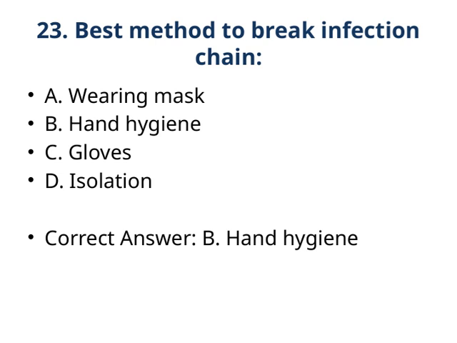While wearing masks, gloves, and isolating infected individuals are also crucial, they are often supplementary to the core practice of hand hygiene. Maintaining good hand hygiene consistently, really, is the cornerstone of preventing infection transmission in healthcare settings. So remember, the best method to break the infection chain is, without a doubt, hand hygiene.